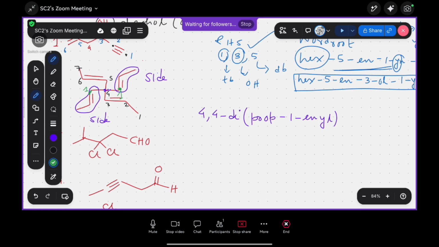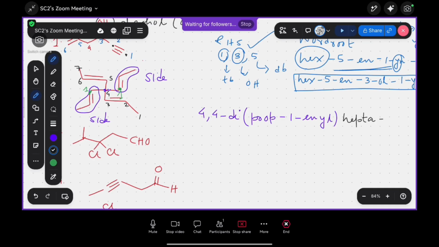The side chain is having 3 carbon atoms. That is why it is prop. Then, after that, we are going for the word root. Word root is having 7, so it is hepta.